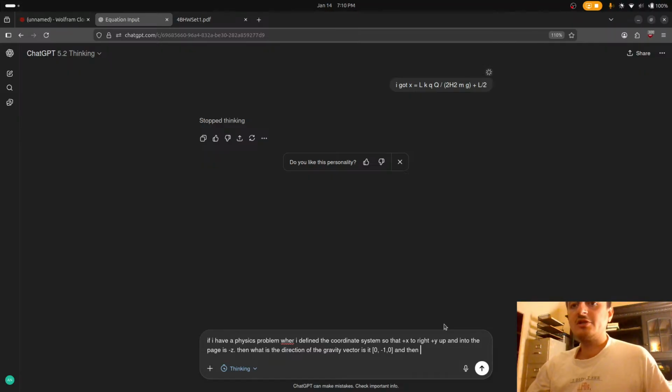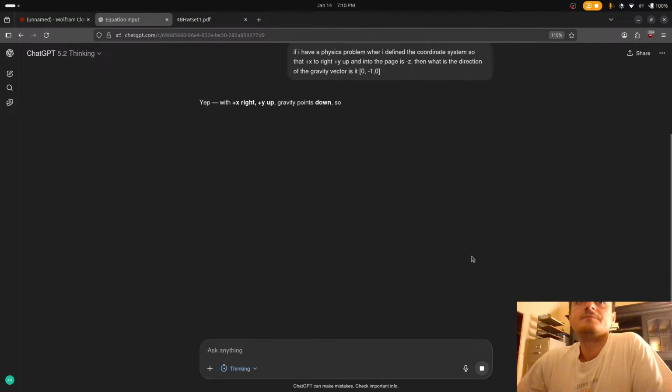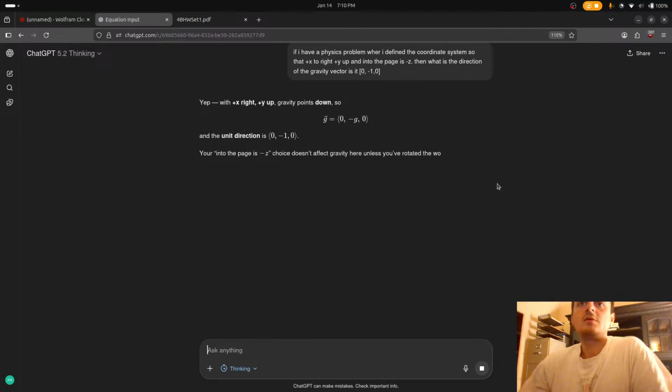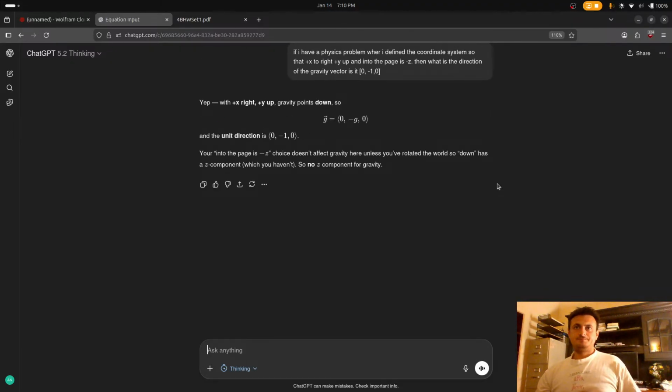So g is (0, minus 1, 0), and g is equal to (0, minus g, 0).